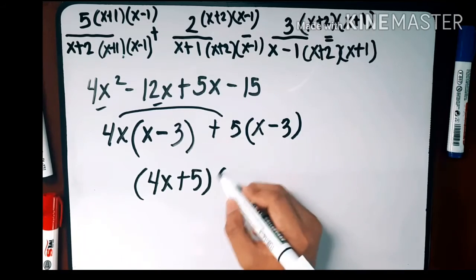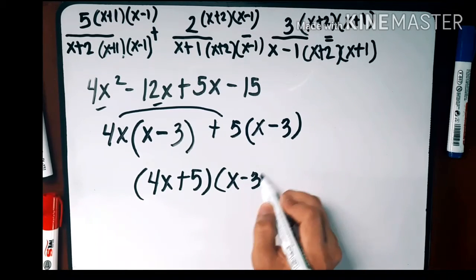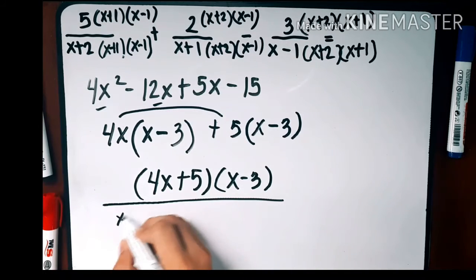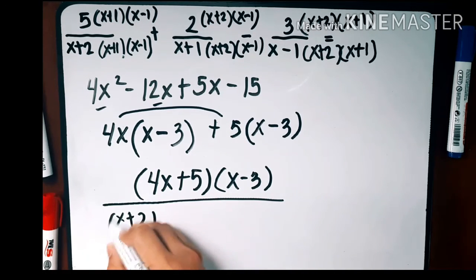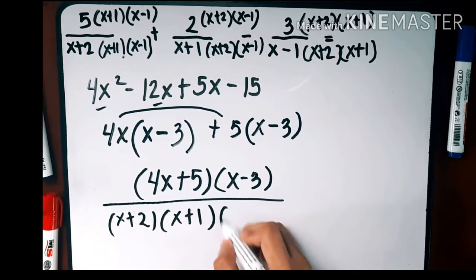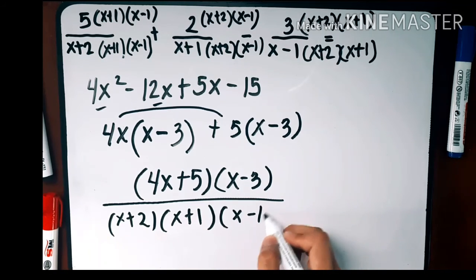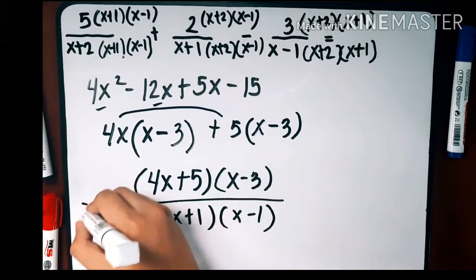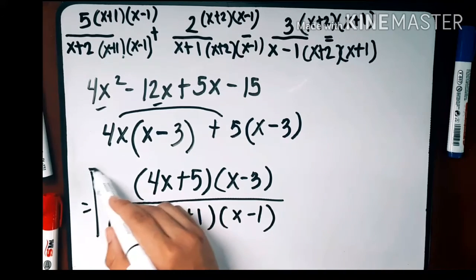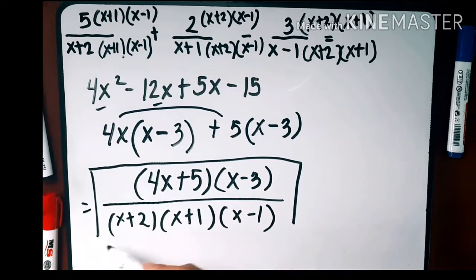And yung x minus 3 over x plus 2, x plus 1, and x minus 1. Meron pa ba tayo makakancel out? Wala na. So, ito na yung simplest form natin, in its complete factored form. Okay?